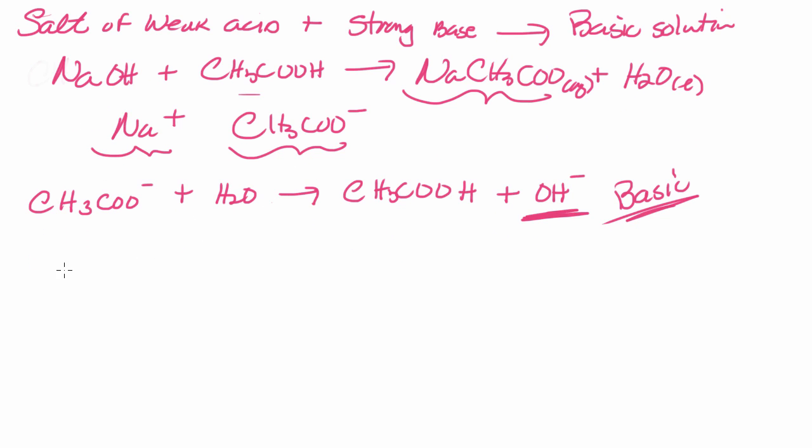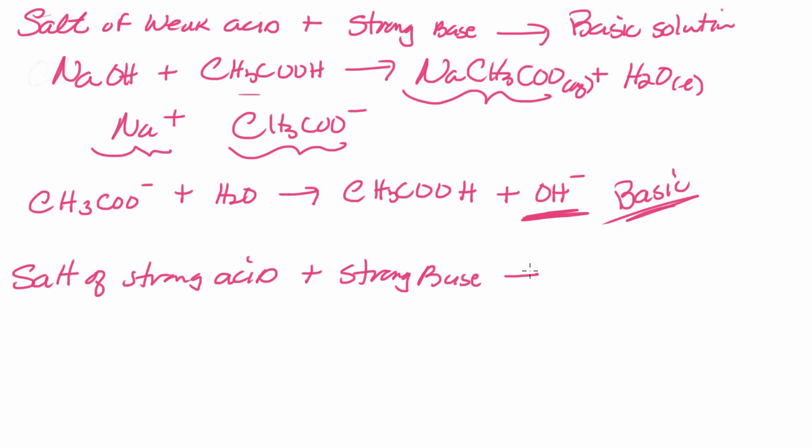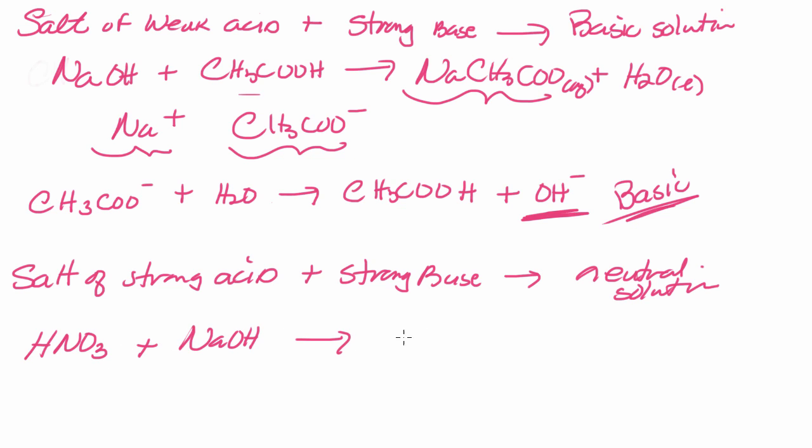In the third case, if we have the salt of a strong acid and a strong base, we have a neutral solution. So if we react, let's say nitric acid, which is a strong acid, plus sodium hydroxide, which is a strong base, we end up with a salt and water.